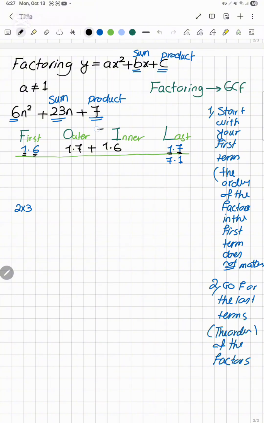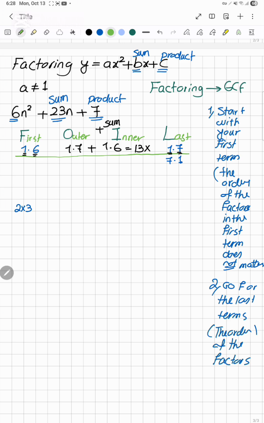The outer and inner are going to be added to each other, and it's supposed to present the sum. 7 plus 6 is going to be 13, and that's not going to work because the sum that I'm looking for is 23.